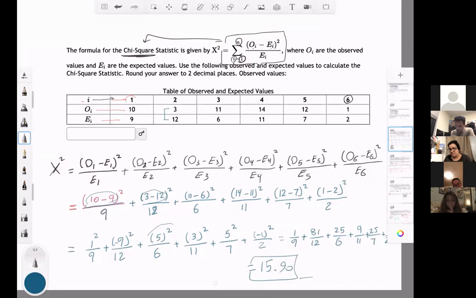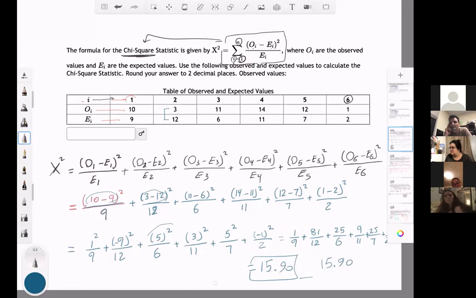How many decimals? Two decimals, so 15.92. Anybody else get something different? I got 15.92 since we're rounding. Naz, you got 15.90? Yeah, I got 15.90.